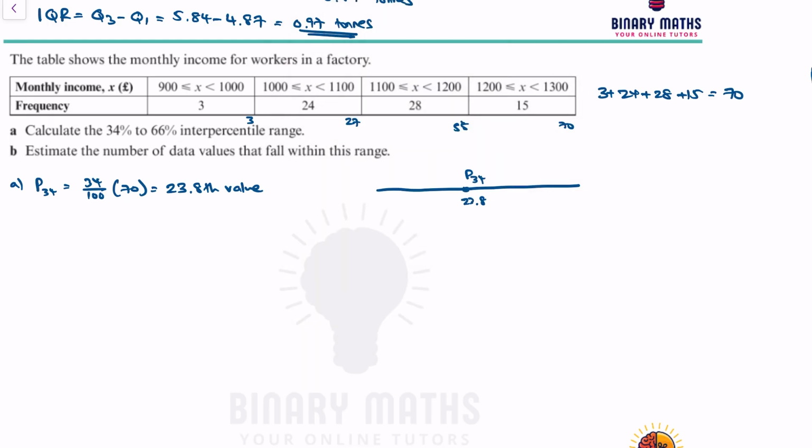So if I look for 23.8, it's in this class interval. It lies between 1,000 and 1,100, between the frequencies of 3 and 27.